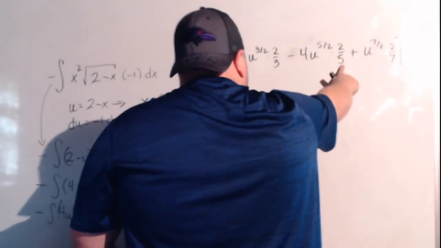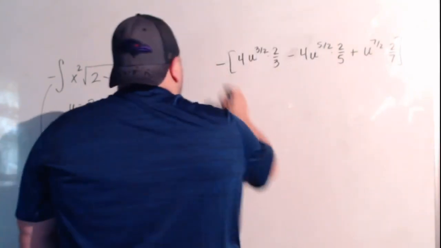Instead of dividing by 5/2, multiply by 2/5, and so on.